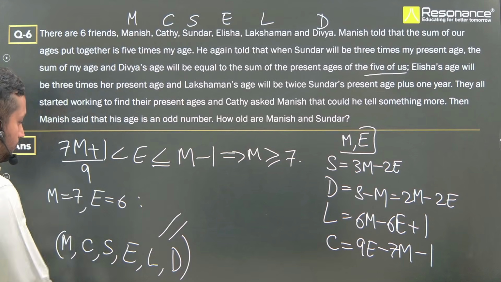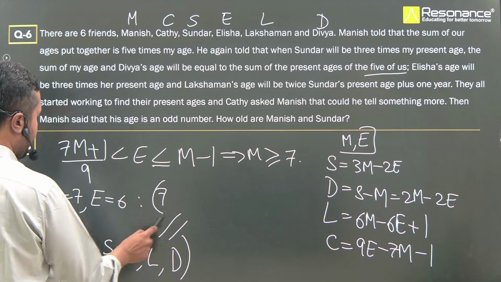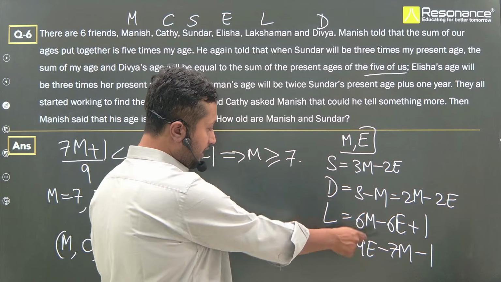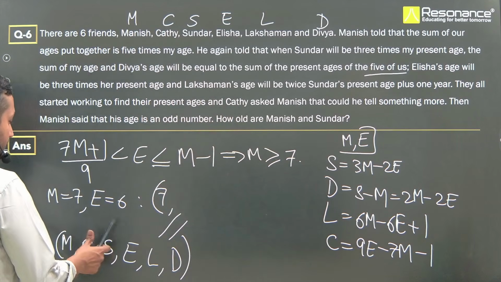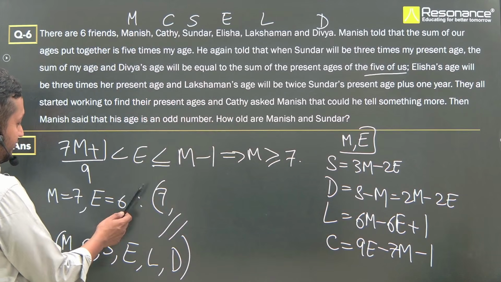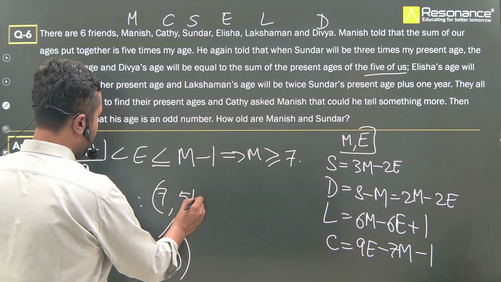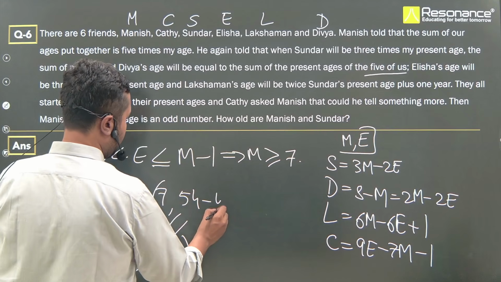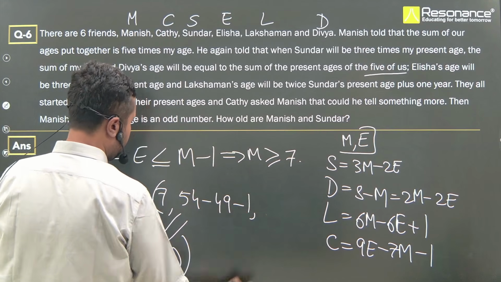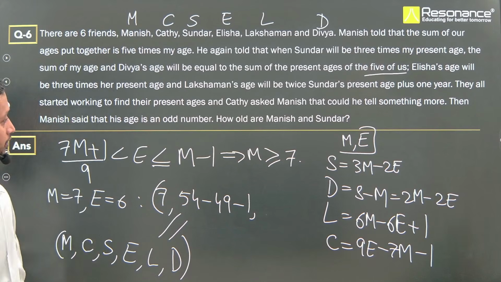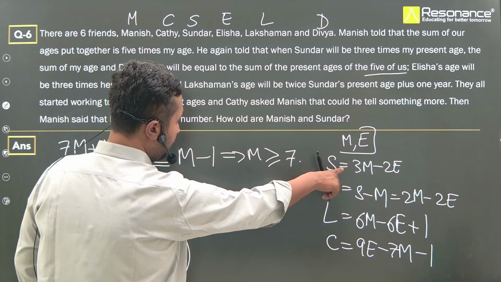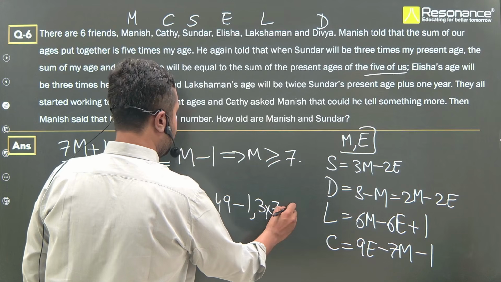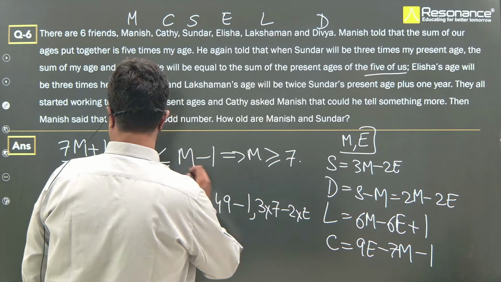This expression over here is M, that's 7, then C. What is C? 9 times E minus 7 times M minus 1. So 9 times 6, 54, minus 7 times M, 49, minus 1. Then S. What do we know about S? 3M minus 2E, and E was 6.